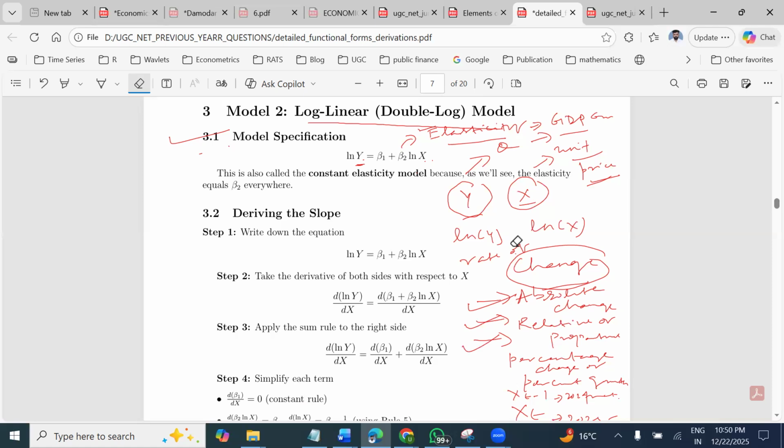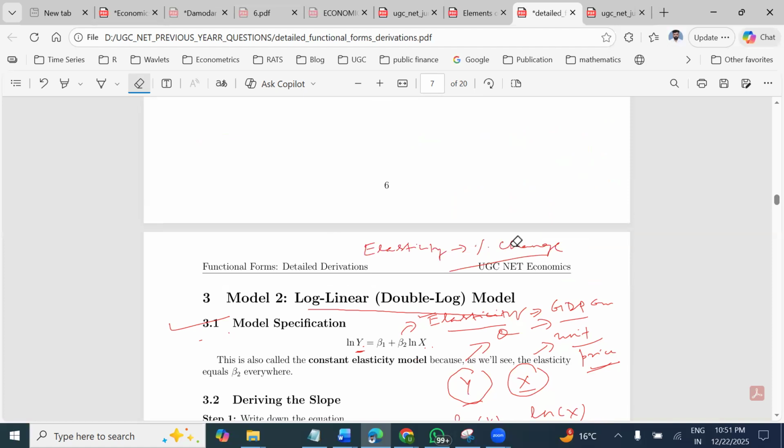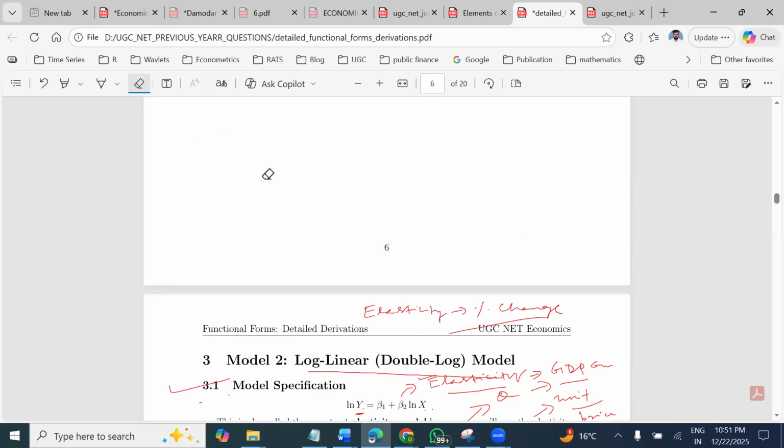Okay. So please write that beta 2 measures the percentage change in y. Let me write it so that you all will not forget. It will be there in the video also.